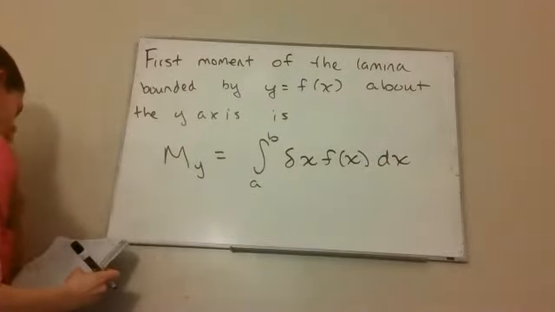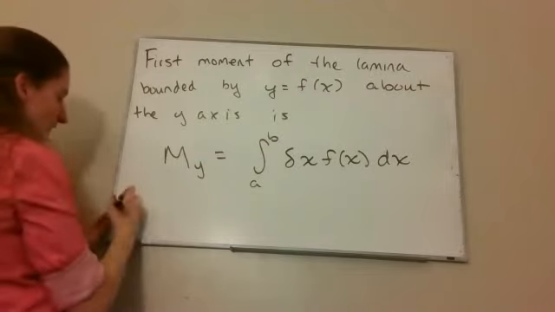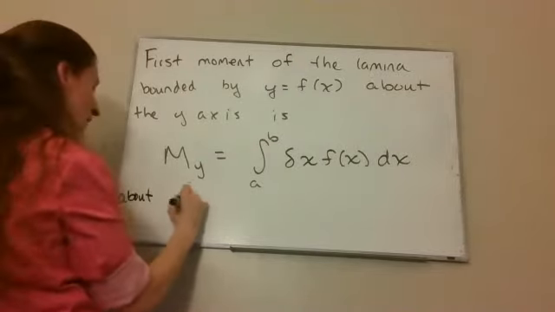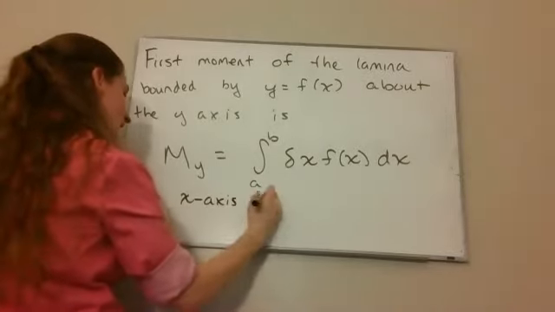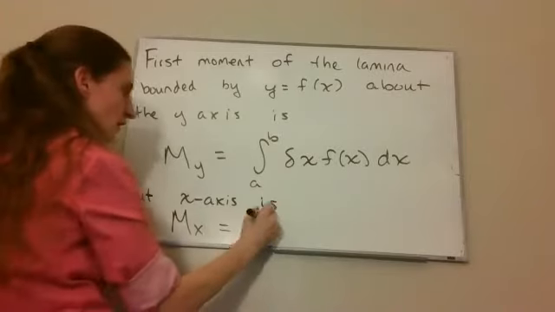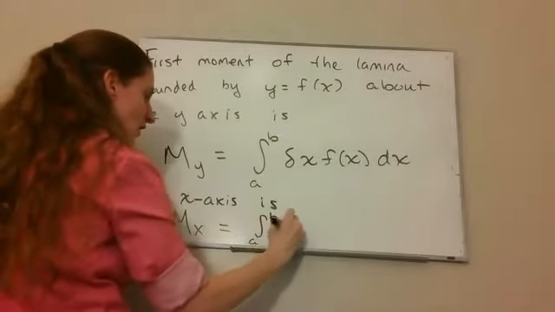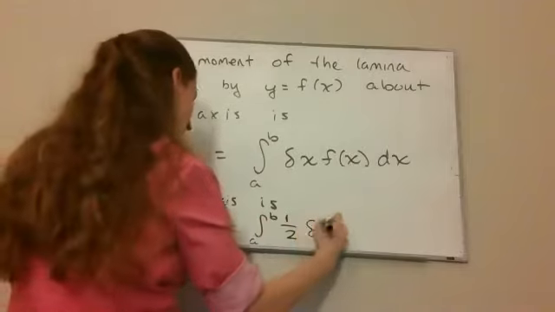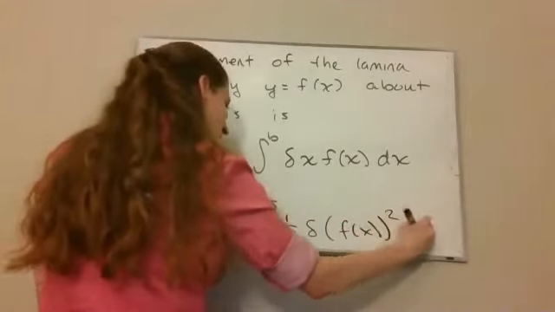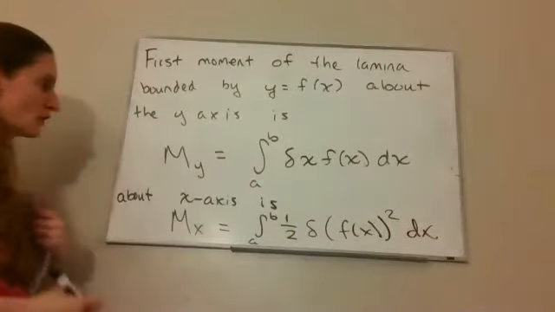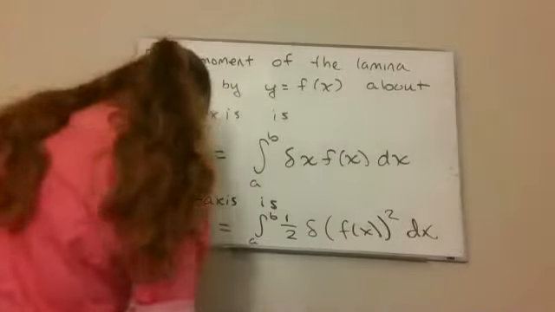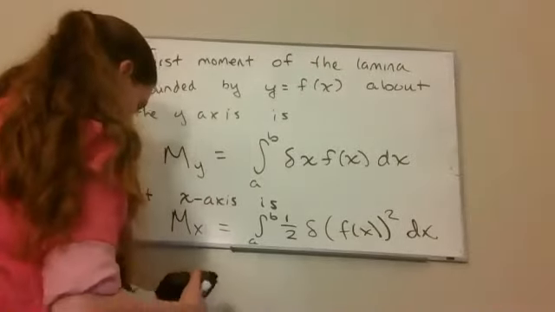And the first moment about the x-axis is Mx, which is the integral from a to b of 1/2 delta times f of x squared. So those are our two formulas for the moments of the lamina about the y and x axis.